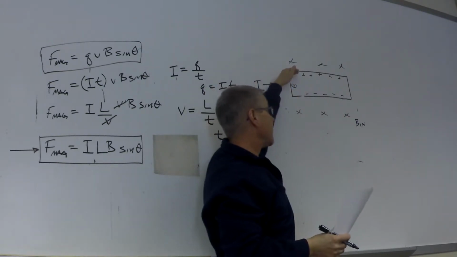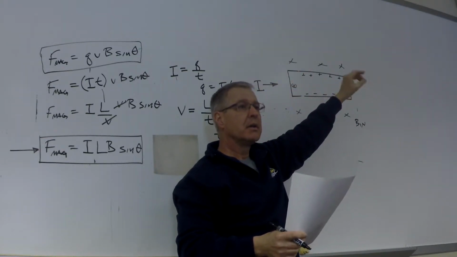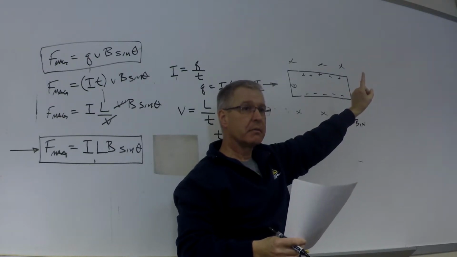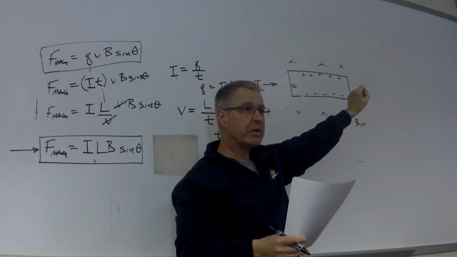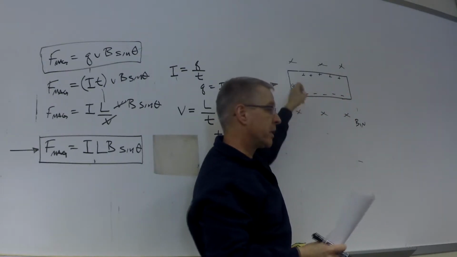We're getting more and more positives here, more and more negatives here, so what's happening to our electric field? Potential difference. Our electric field's getting stronger, stronger, stronger, right? Eventually, what's going to happen to our little positive particles as they're going through?